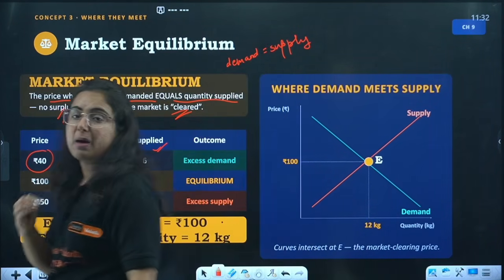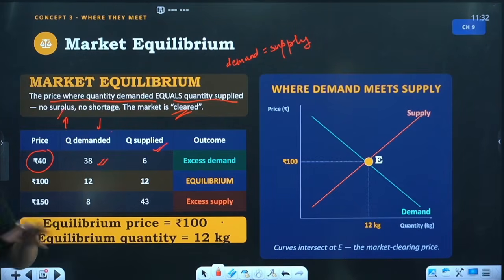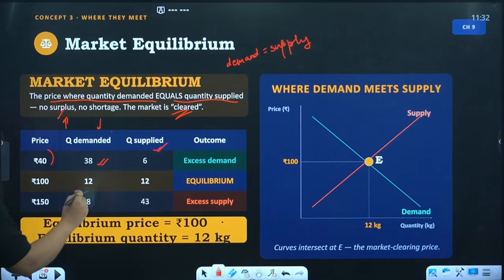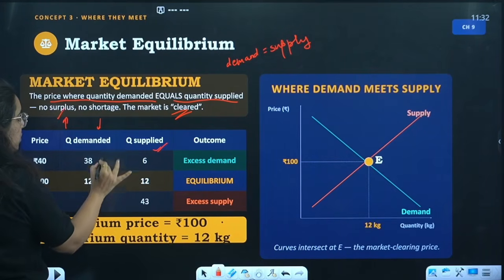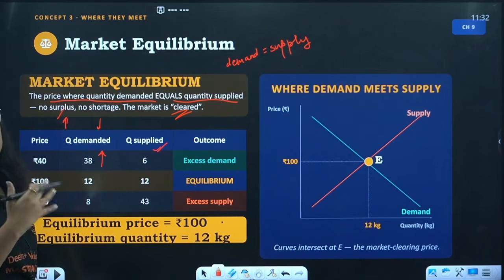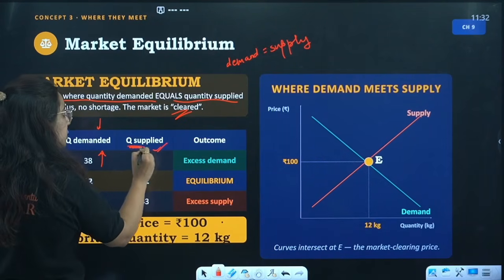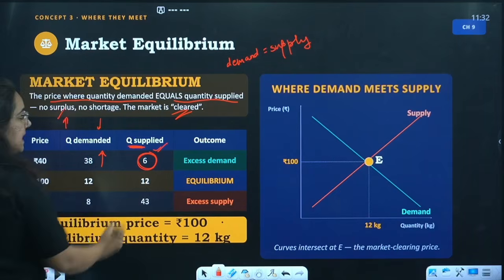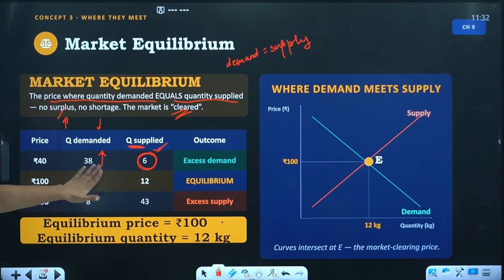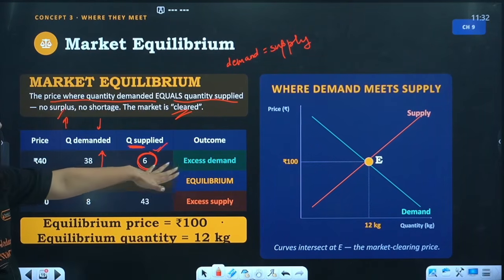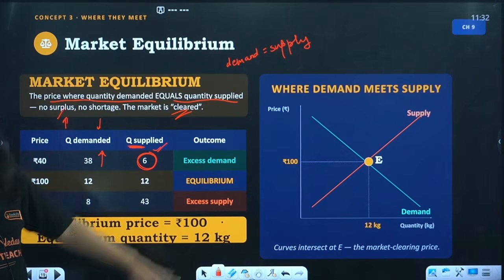When the price is low, the quantity demanded is more because people are capable of buying more, but the person supplying is only able to supply 6 pieces. Now what will happen? Demand is more, supply is less, so there will be excess demand in the market.